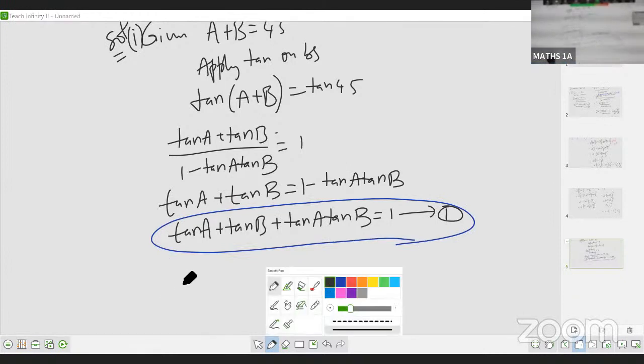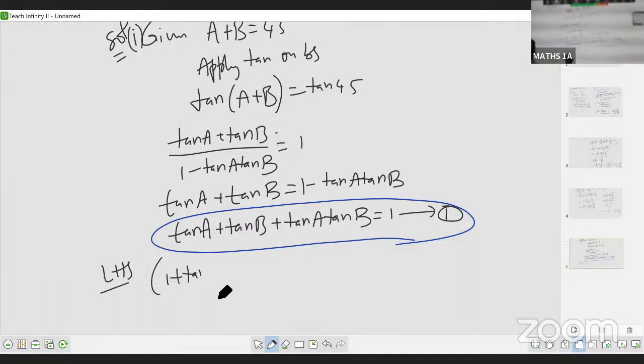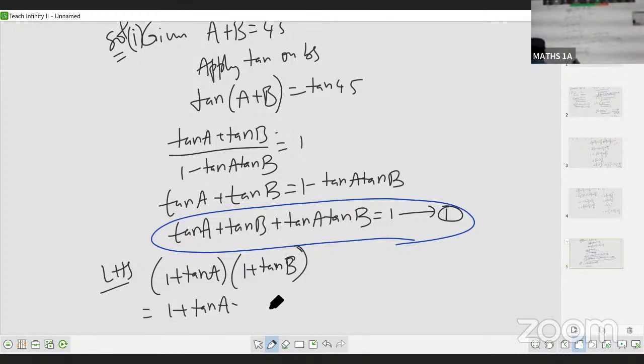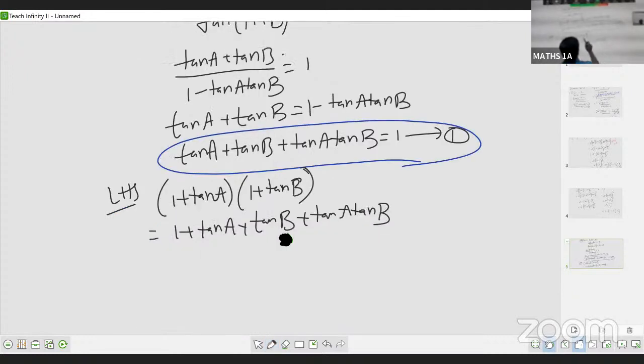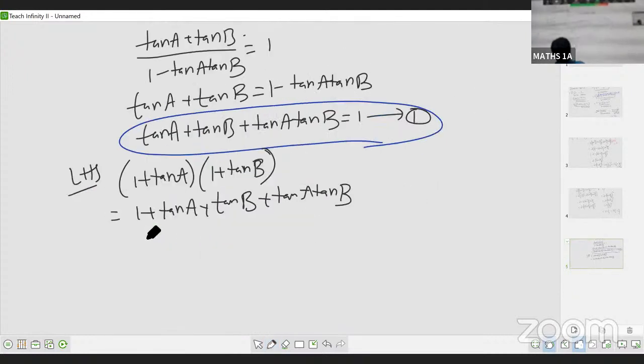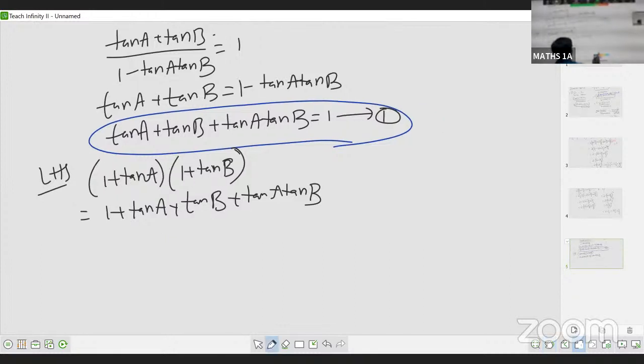What is your first bit? LHS. What is asked? 1 plus tan A into 1 plus tan B. That is nothing but 1 plus tan A plus tan B plus tan A tan B. When you open the brackets and multiply, what you will get? 1 plus tan A plus tan B plus tan A tan B. Now, is this same like this only, no?